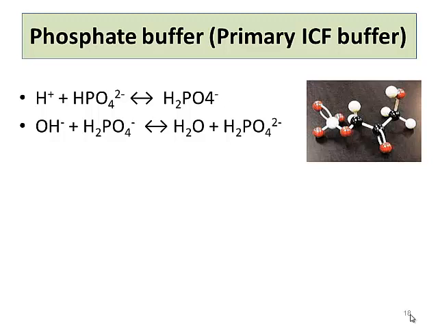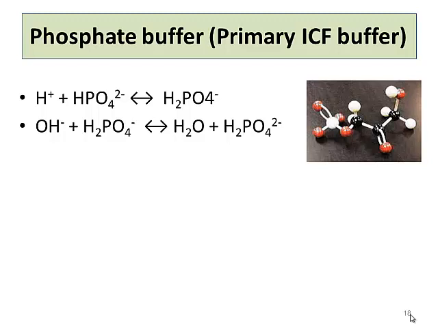So phosphate acts predominantly as an intracellular fluid and a urinary buffer. This buffer system consists of dihydrogen phosphate ions, H2PO4, which is a hydrogen ion donor, therefore the acid, and hydrogen phosphate ions, HPO4, as hydrogen ion acceptor, therefore the base. These two ions are in equilibrium with each other.